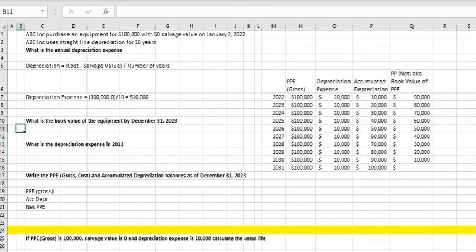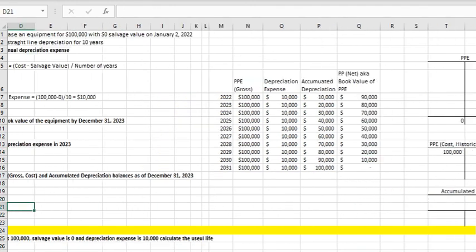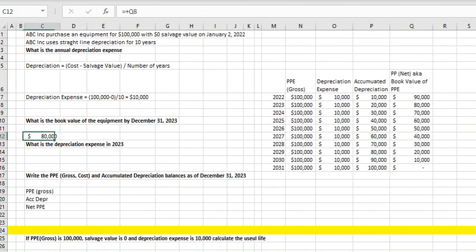And the question here is, what is the book value of the equipment by December 31st 2023, which is basically what we calculated. The book value is the 80,000 here. That's the net after depreciation. Or we can look at the T accounts and say this is the book value of that particular equipment minus the depreciation. We are going to get the 80,000.